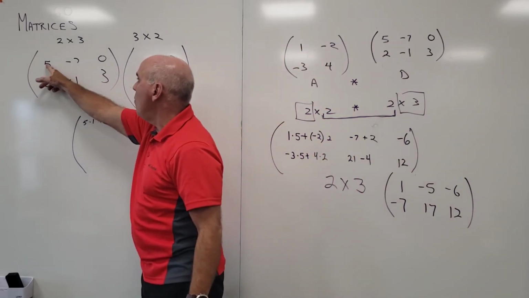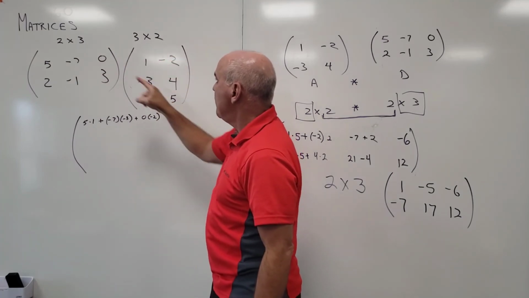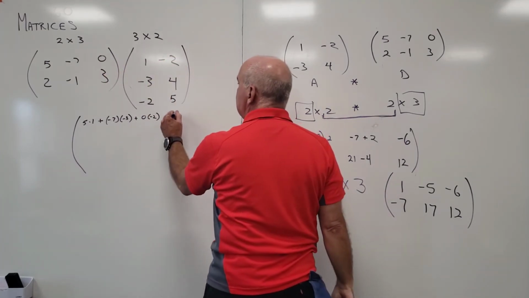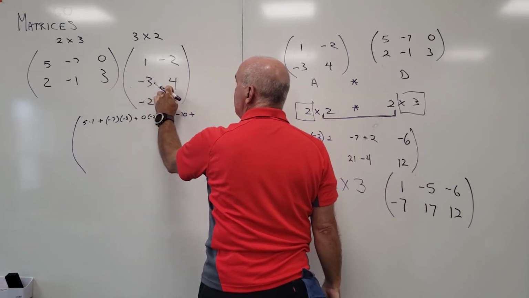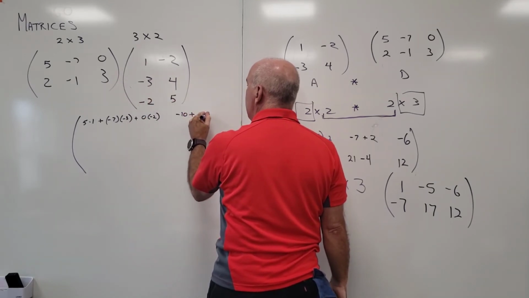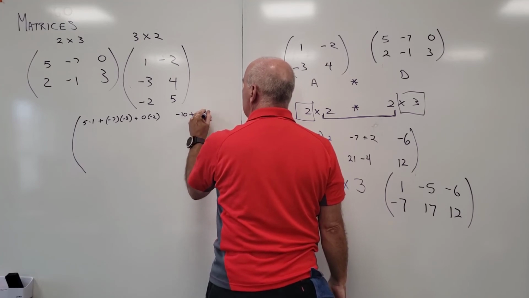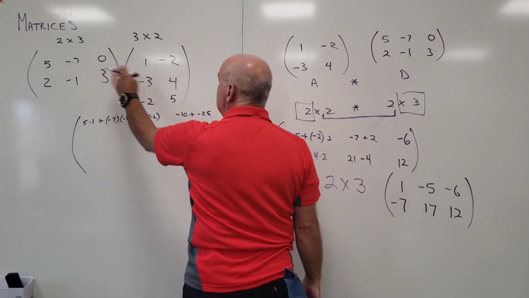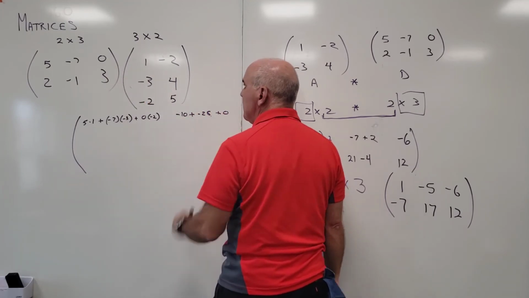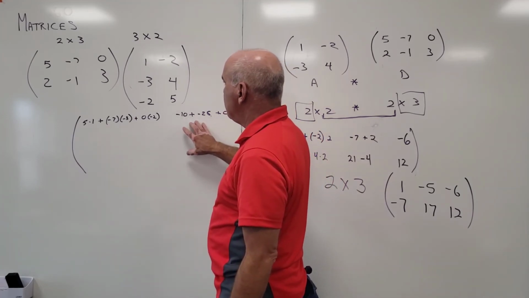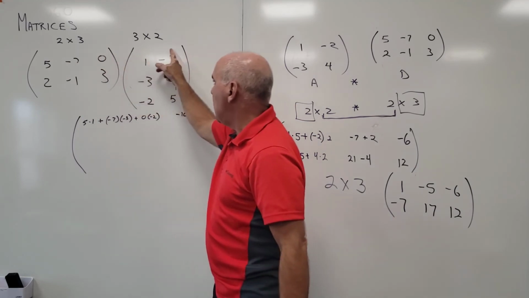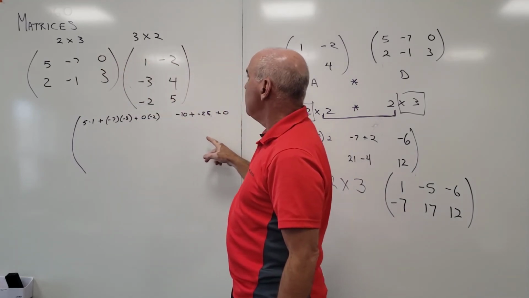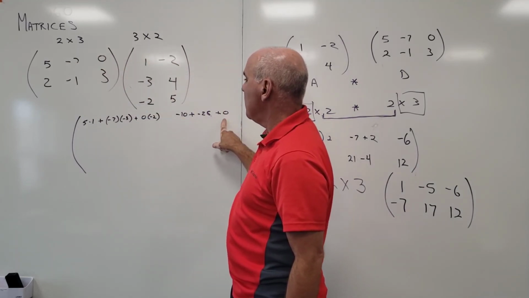So I'm going to take row 1 up here, column 2. 5 times negative 2, that's negative 10, plus negative 7 times 4, that's negative 28. And then 0 times 5 is 0. So that's the second element, row 1, column 2.